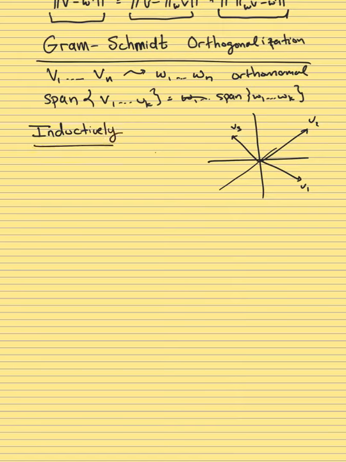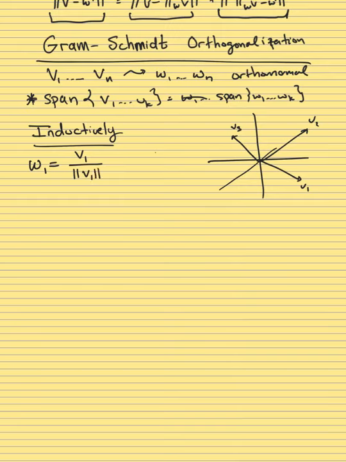So how do I define w1? Well, w1 should be in the span of v1 by this condition. So I just have to make sure that it is unit norm. And now there's a nice trick here, which is you just set it to be v1 over the norm of v1.